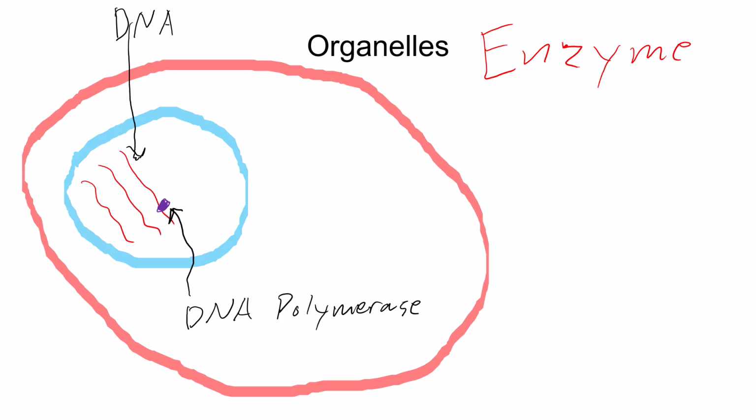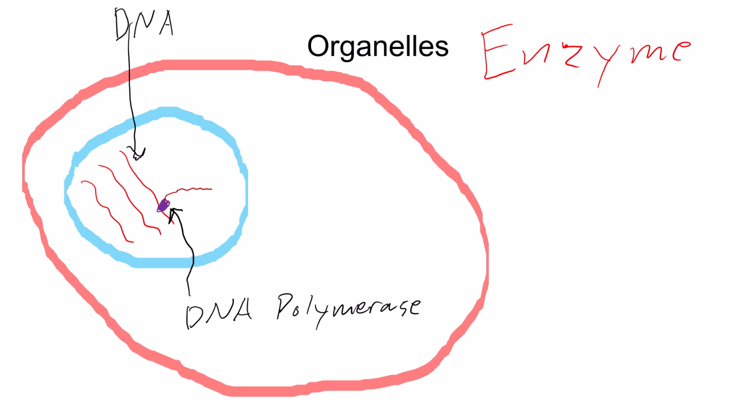And the DNA polymerase, it is an enzyme that travels along the DNA and it makes a copy of the DNA. But this copy, it's slightly different than your regular DNA, and we call it mRNA. So I will draw the mRNA coming out from the polymerase here.